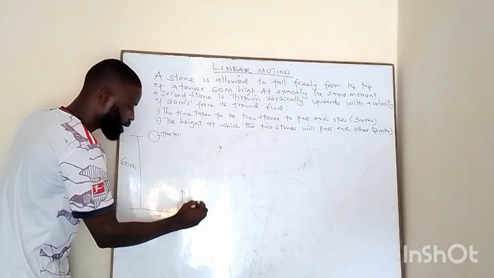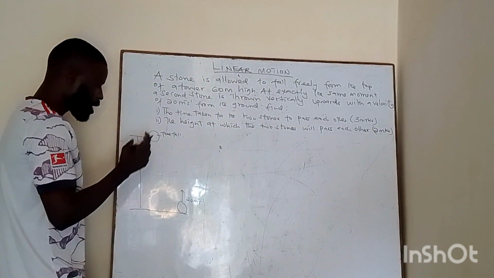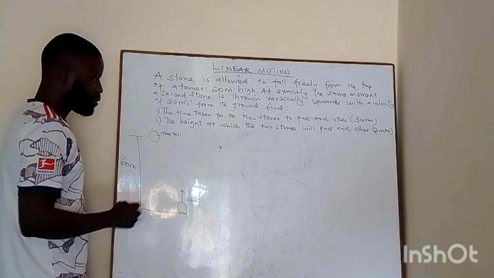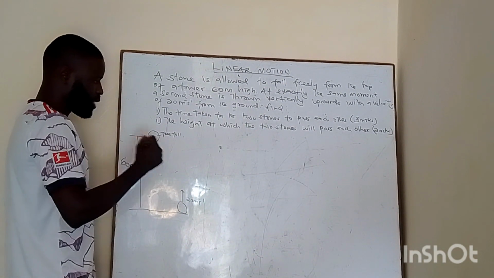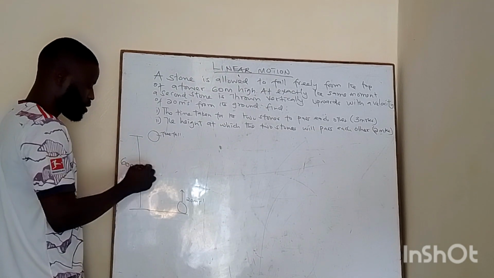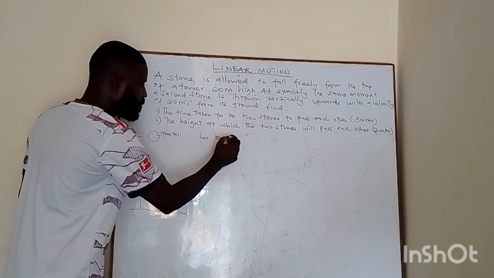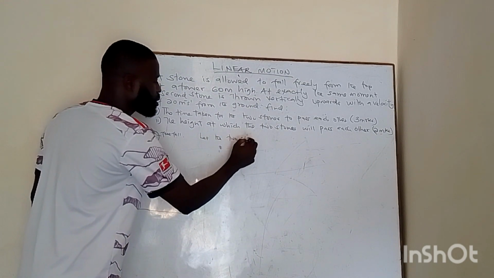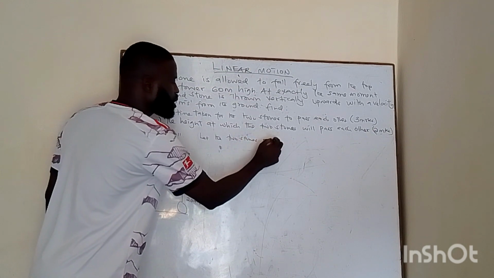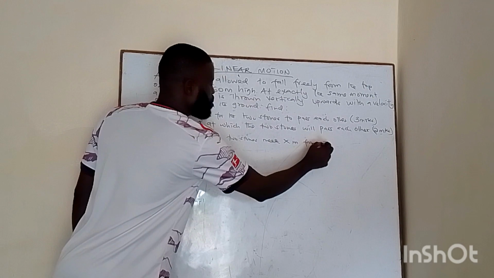20 meters per second. Now I want us to let the point at which the stones will meet be x meters from the ground. So let the two stones meet x meters from the ground.